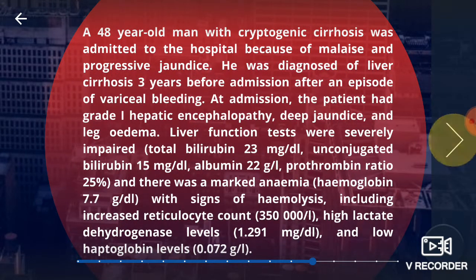A 48-year-old man with cryptogenic cirrhosis was admitted to the hospital because of malaise and progressive jaundice. He was diagnosed with liver cirrhosis 3 years before admission after an episode of variceal bleeding.